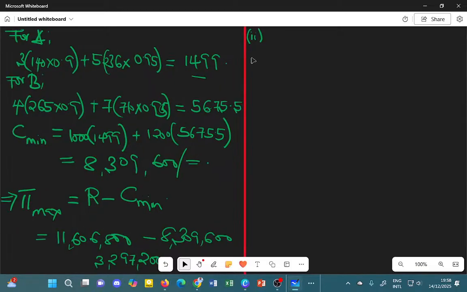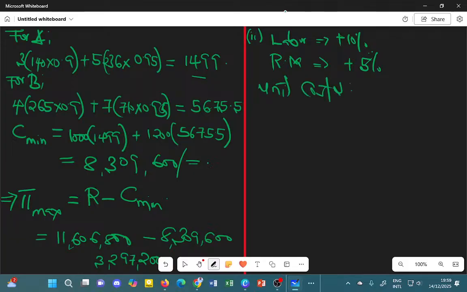We will now consider the unit costs on the higher sides, so for instance for labor we will take positive 10%, and for raw materials we will take positive 5%, and that will give us unit costs.